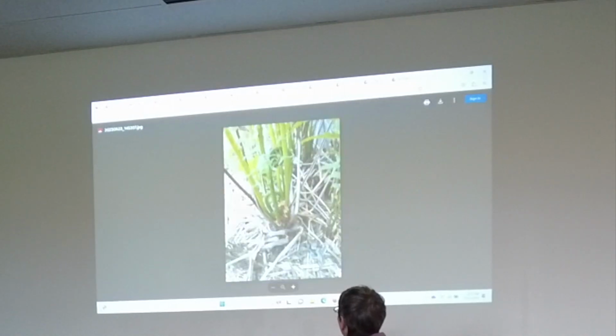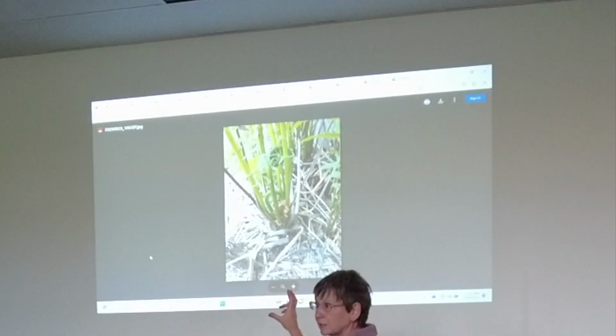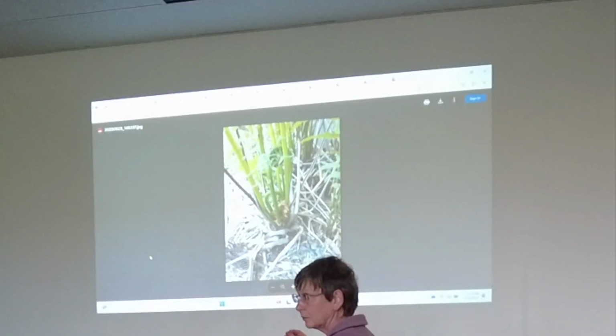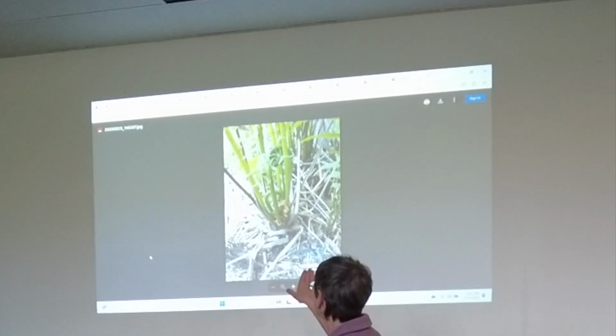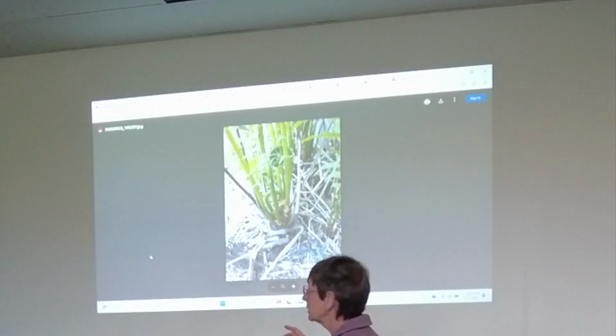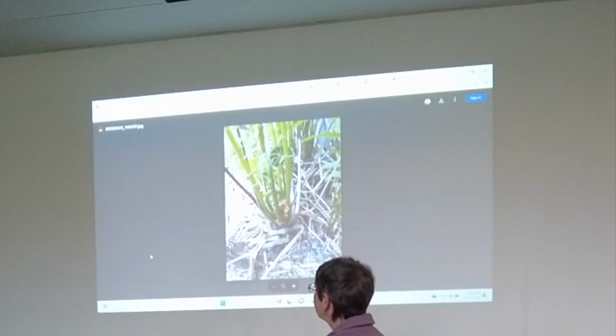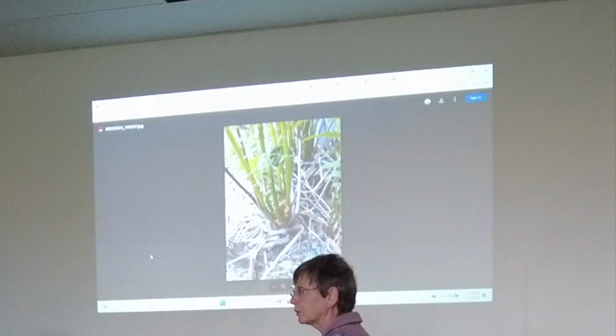So this is an ostrich fern, and these are the fiddleheads that are still left that could be edible, right? And the way that we take a look at the ostrich fern that's different from a lot of the other kinds of ferns is that, can you see that brown papery covering? That was covering that whole little tendril that was coming out of the ground. And that's one of the signature things that you want to look for when you're looking for ostrich ferns.